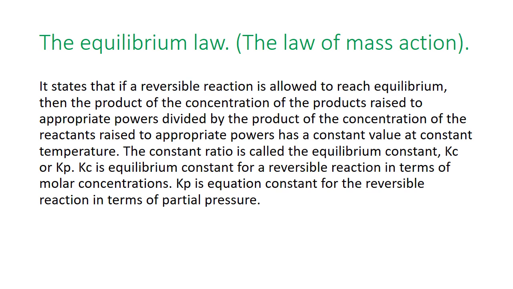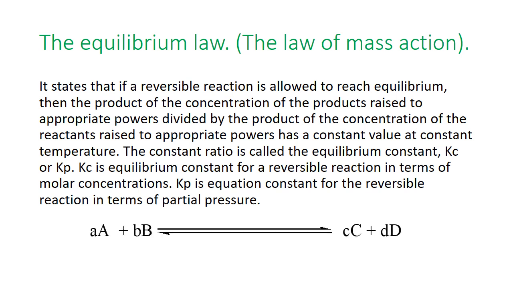Kc deals with molar concentrations, and Kp is the equilibrium constant for a reversible reaction when concentrations have been expressed in terms of partial pressures. For example, if we have reaction A and B reacting both forward and backward to produce C and D, and this equation has reached equilibrium, we can have the following expression for Kc.